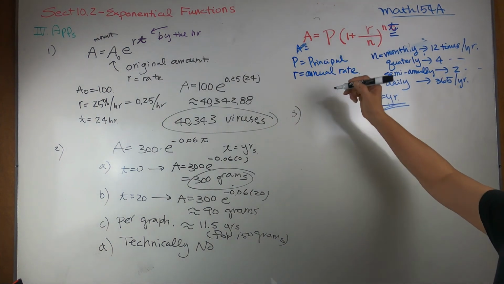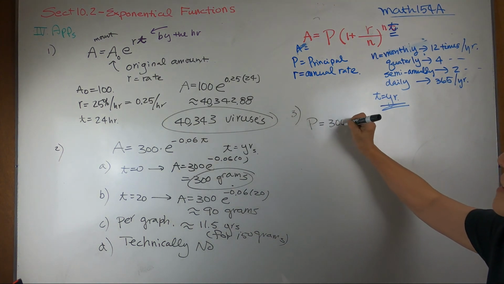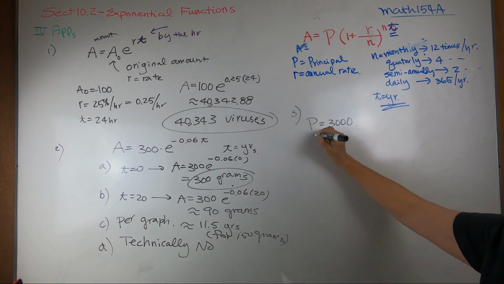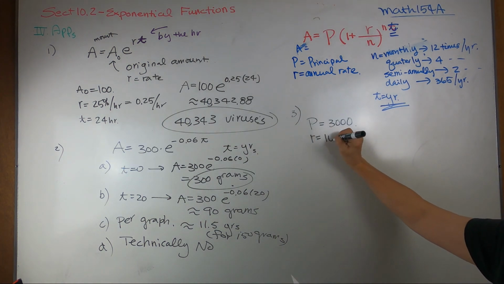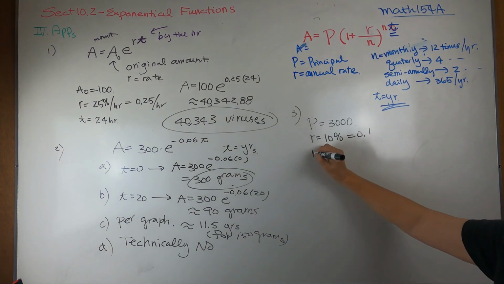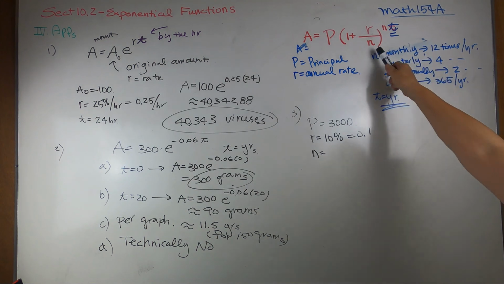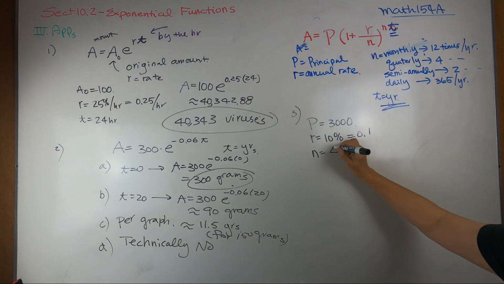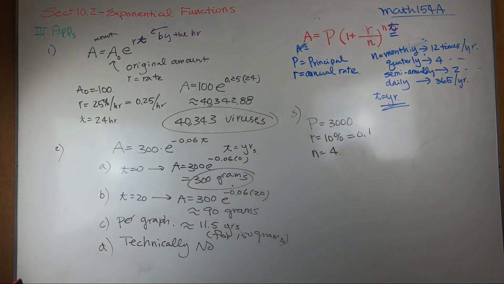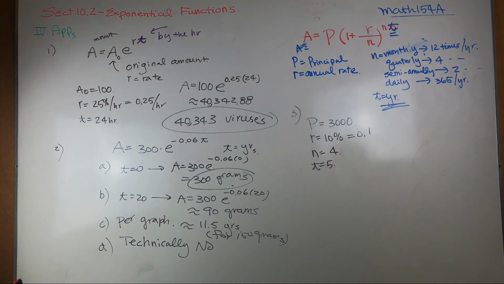You want to find A. How much do you borrow? $3,000. What's your rate? 10% per year, so that would be 0.1. Compound quarterly means 4 times per year, so N is 4. For how long? 5 years.